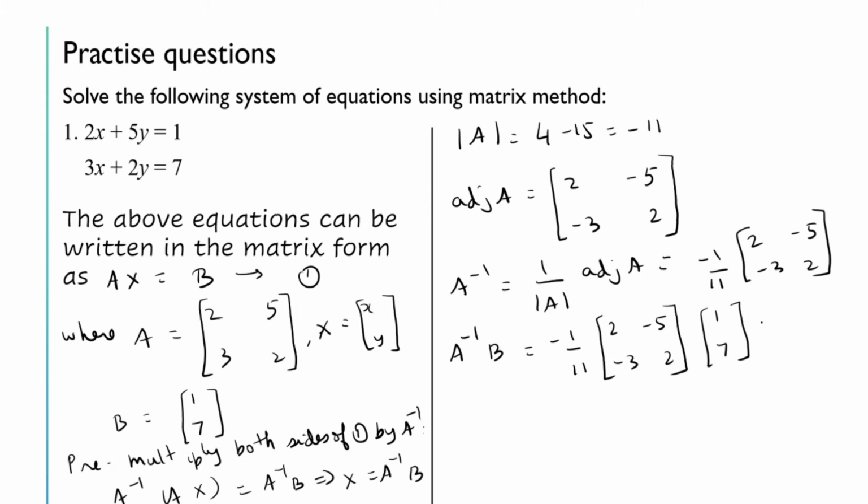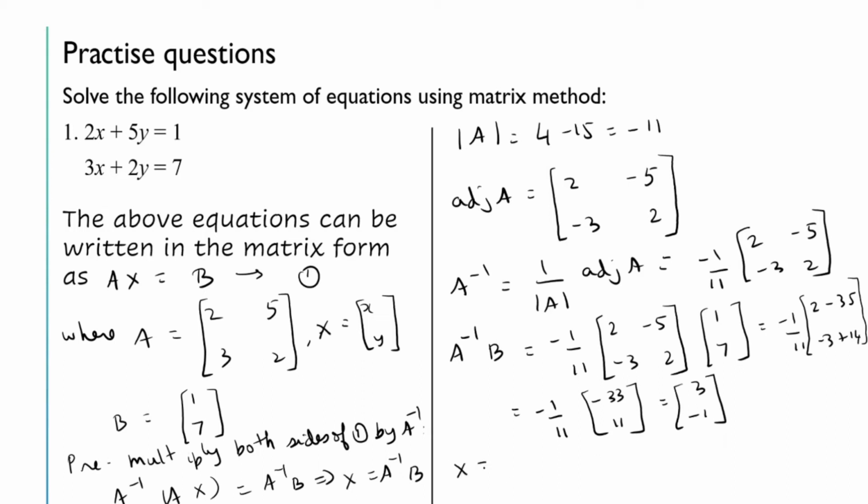So this is equal to minus 1 by 11 into 2 minus 35 and minus 3 plus 14. So this is equal to minus 1 by 11 into minus 33, 11. Or it is equal to 3 minus 1.